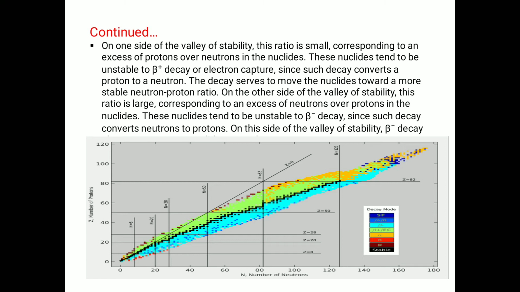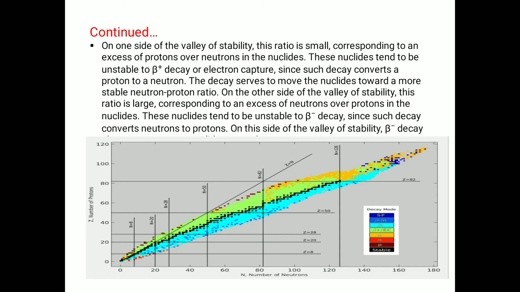Now see here in the graph, we can explain easily. On one side of the valley of stability, this ratio is small, corresponding to an excess of protons over neutrons in the nuclide. These nuclides tend to be unstable to beta plus decay or electron capture, since such decay converts a proton to neutron.